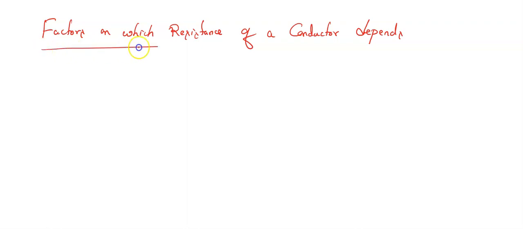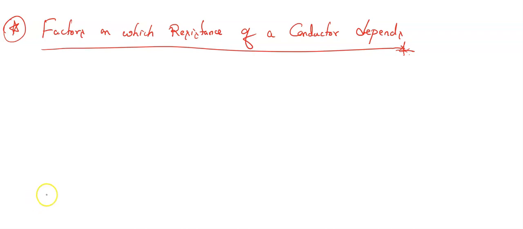Please make a note of this question. This is a very important question. Should not miss this question, children. So here the question is, on what factors does the resistance of a conductor depend, or write the factors on which the resistance of a conductor depends.